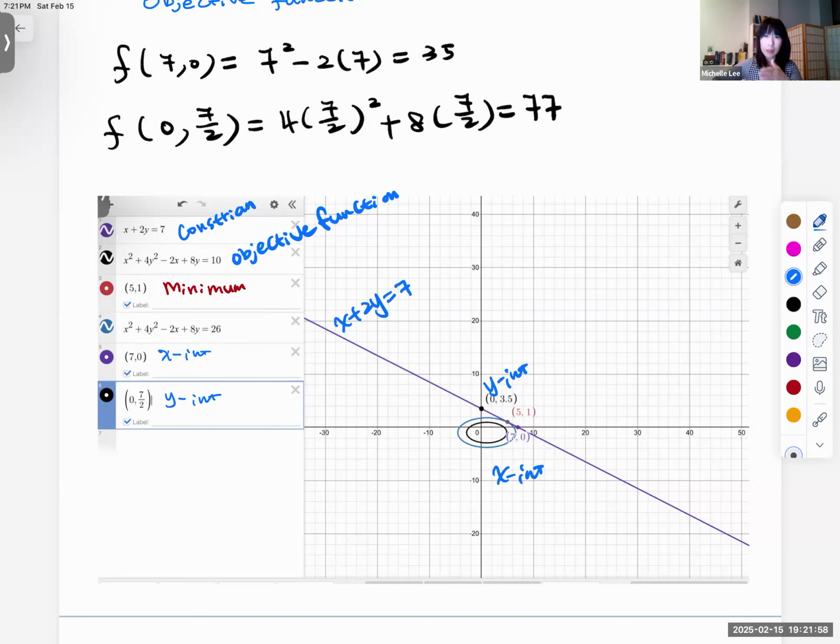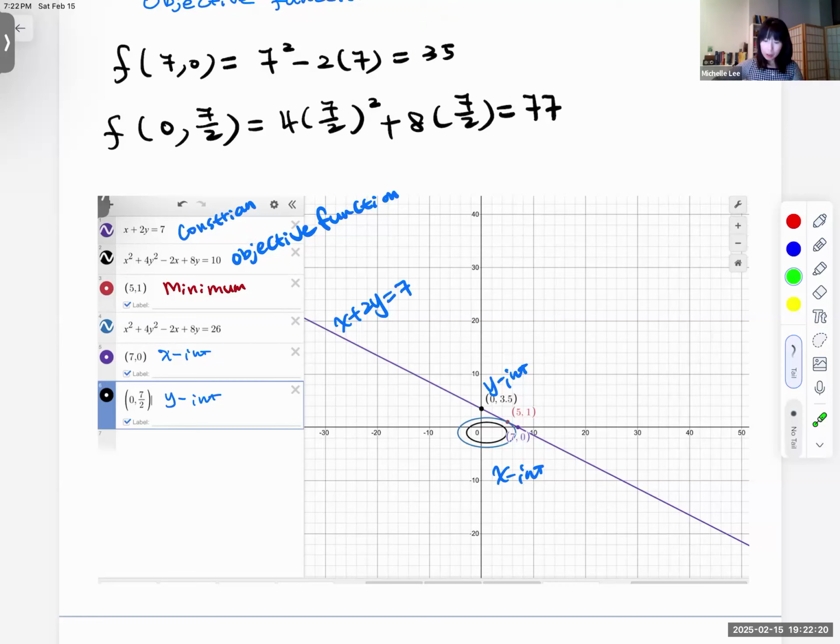So even though we evaluate below (5, 1), which is the x-intercept (7, 0), what do you get? 35, which is above here, right?